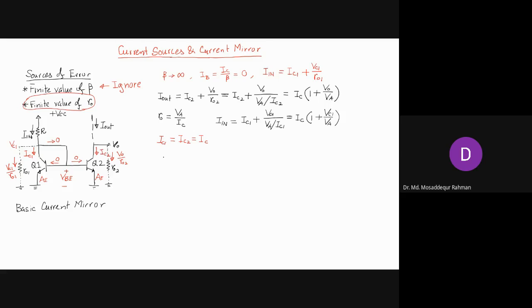So now you can write the expression for the gain. Gain is I out by I in, and that is IC times 1 plus V naught by VA. And I in is IC times 1 plus VC1 by VA, right?